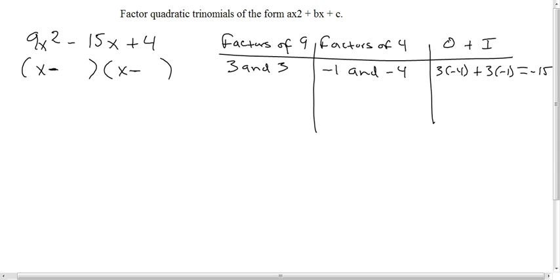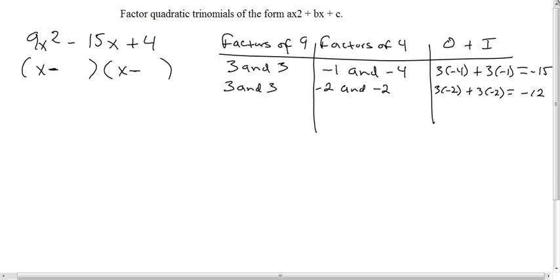Well, we have 2 and 2 as factors of 4, so let's try 3 and 3 and negative 2 and negative 2. So now we're going to have 3 times a negative 2 plus 3 times a negative 2, and that's going to give us a negative 12.